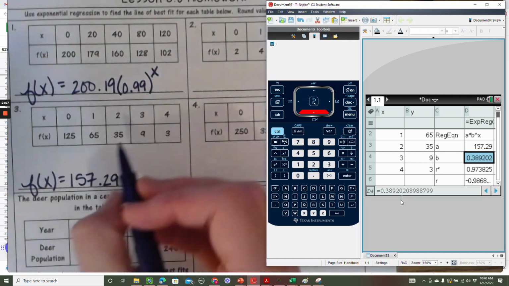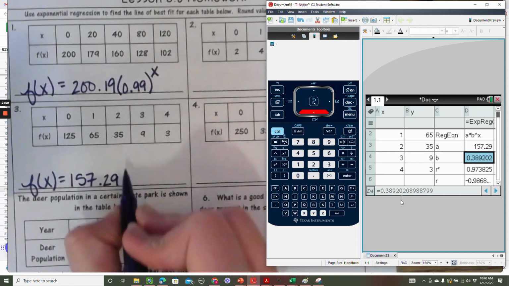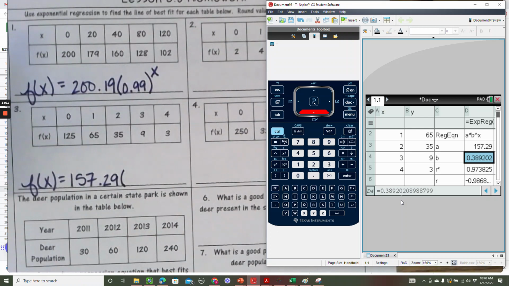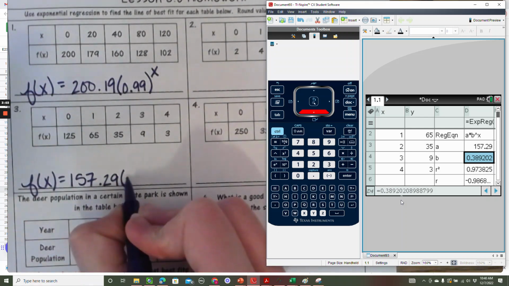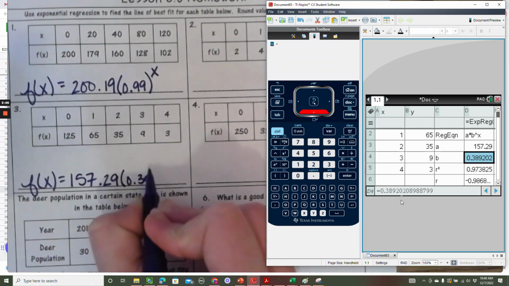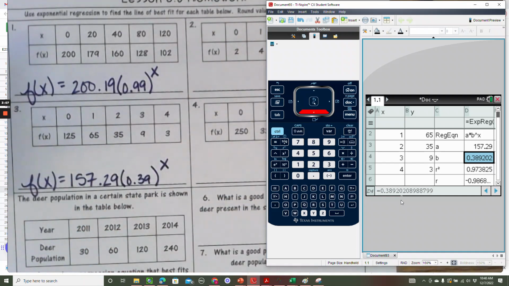All right, the B value is 0.389. Is that one going to round up? So 0.39 to the X. You're supposed to go 2 decimals after this. That's what the instructions say. Round to the 100th. Okay.